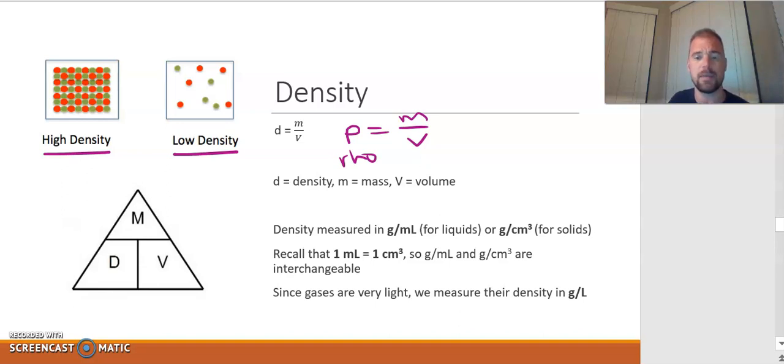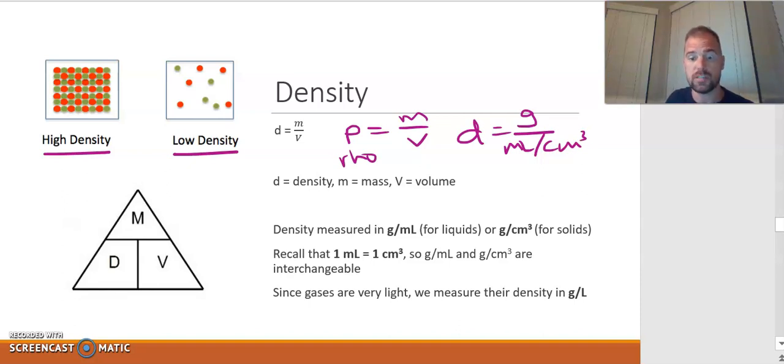So density can be calculated by taking mass divided by volume. Now, how do you measure density? Well, if density is mass over volume, mass is typically in units of grams, even though kilograms is the SI unit, we'll typically have it in grams. And volume is usually either in milliliters or centimeters cubed, because remember, they are the same thing.